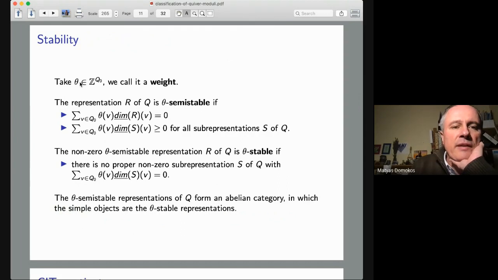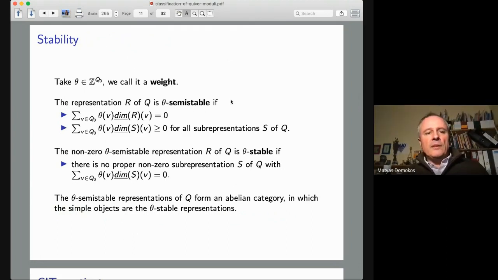And given such a weight theta, we say that a representation is theta semi-stable if the sum over the vertices of the values of theta times the dimension vector gives 0 on one hand. On the other hand, the corresponding sum for each sub-representation of the quiver is non-negative.